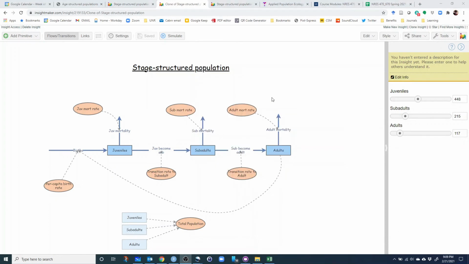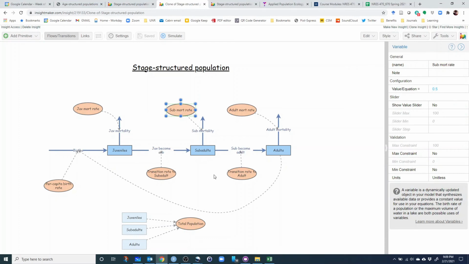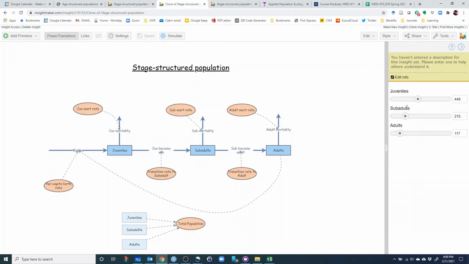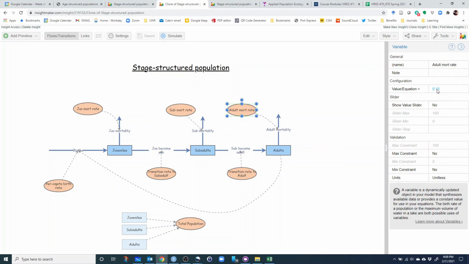The next part of the exercise asks you to change one of the rates, or a few of the rates, and see if something changes, so if the stable age distribution changes.